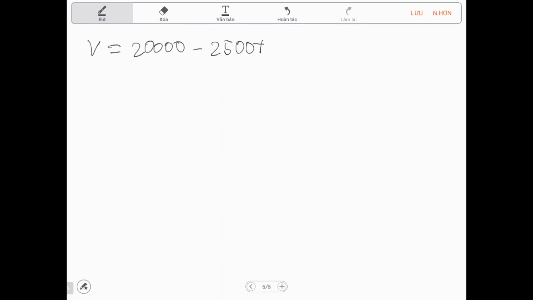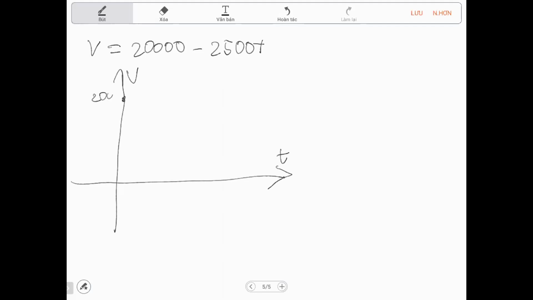V is a function, so when you draw a graph, it's always the vertical axis. T is a variable, so it's the horizontal axis. So this is the graph of V equals 20,000 minus 2,500T. When T equals 0, V equals 20,000, right?